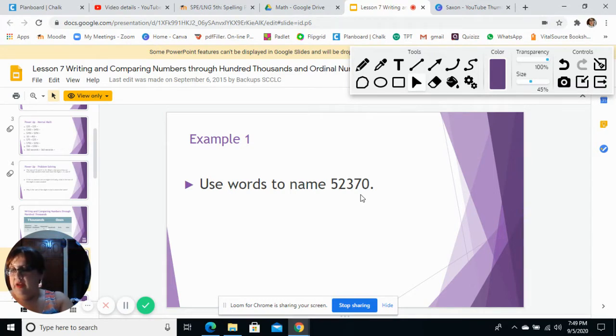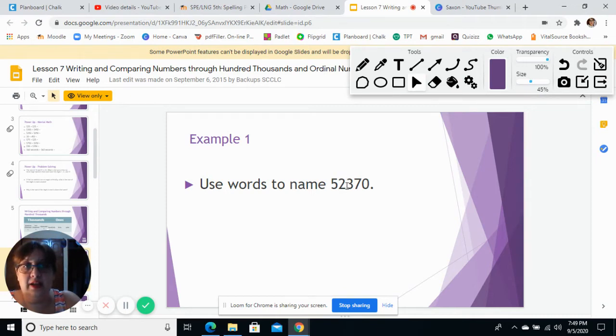All right, commas are often used to write a whole number with many digits so that the number is made easier to read. To place a comma in a whole number, we count the digits from the right end to the left. And when we get to 3 digits in is where we put our comma. So for example, on this number, the comma is going to go right between this 3 and 2.